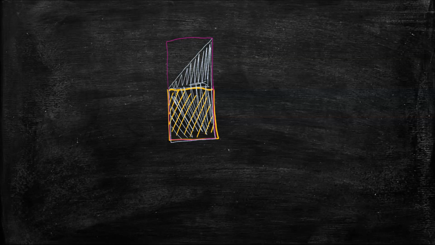The bottom one represents the left endpoint approximation, the top one represents the right endpoint approximation, and the average of the two represents the area of the trapezoid, which we refer to as a trapezoidal approximation.